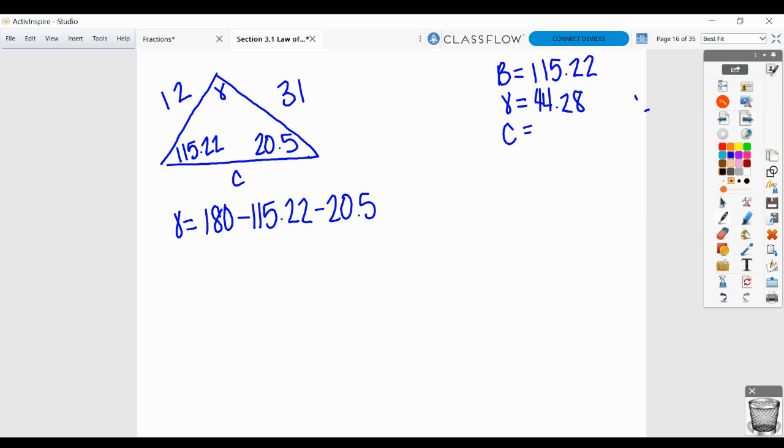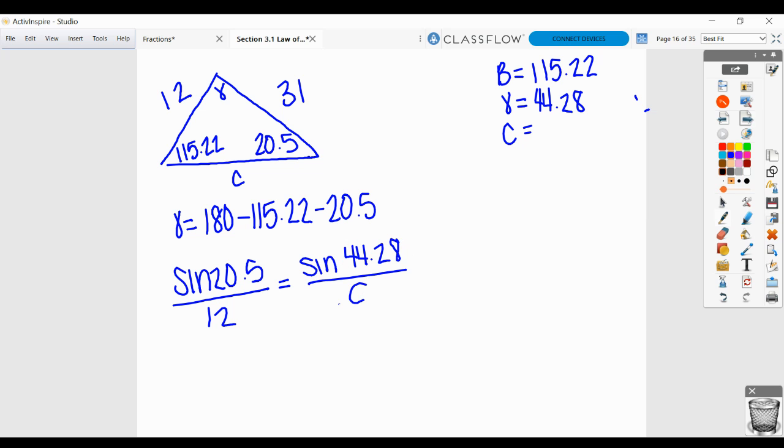Okay, now you need to go find C. And you do the same thing. Find your match, which is the sine of 20.5 over 12. Now you're going to use gamma. So sine of 44.28 over C. And this is where the repetition comes in. Cross multiply. So C sine 20.5 equals 12 sine 44.28.